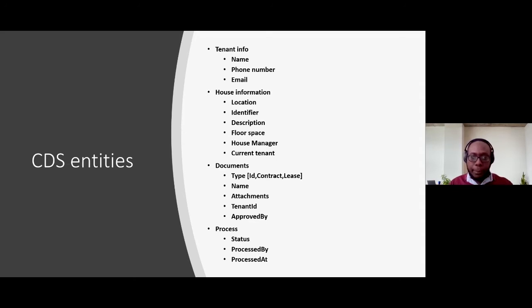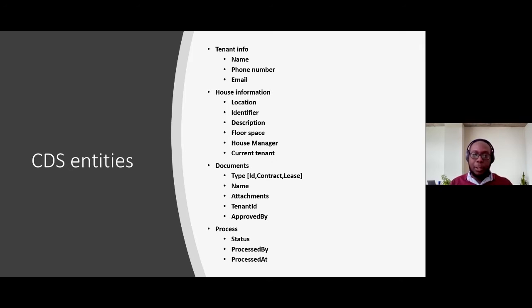Then for the documents being collected, we would have a document type. Is it an ID, contract, or lease? This borrows from the information we had in the previous slide. We also have the document name because specific documents will have a title.